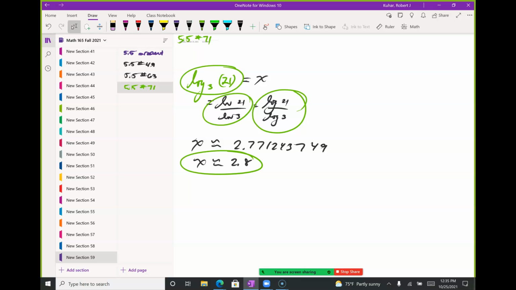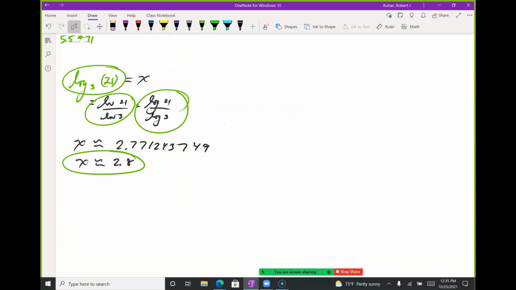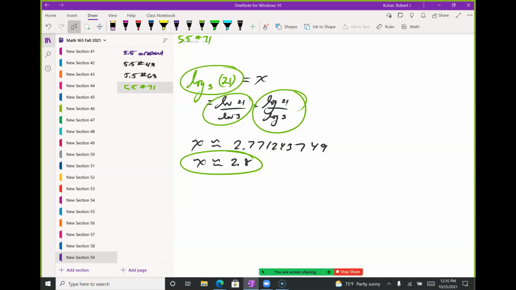Nice. We're ready to move on to 5.6. And so in 5.6, I can see 2 problems coming from here. I can see me having you solve a log equation or solving an exponential equation.